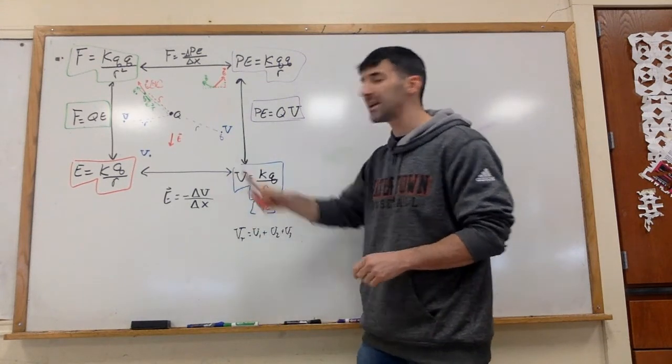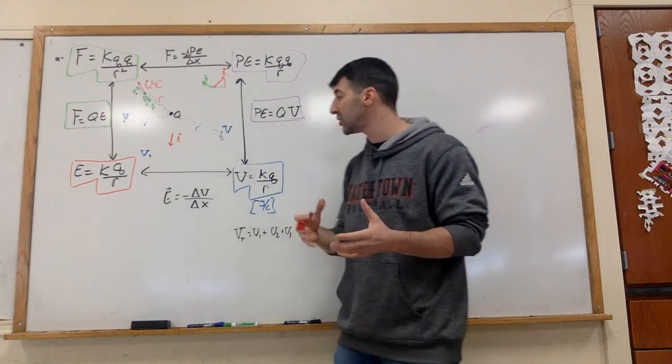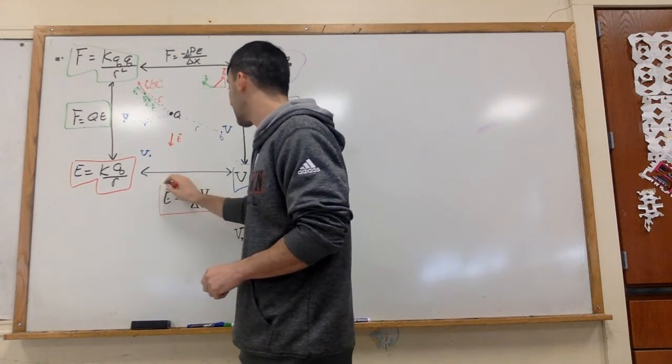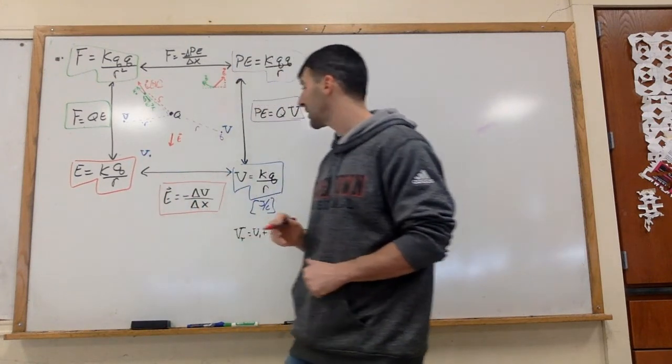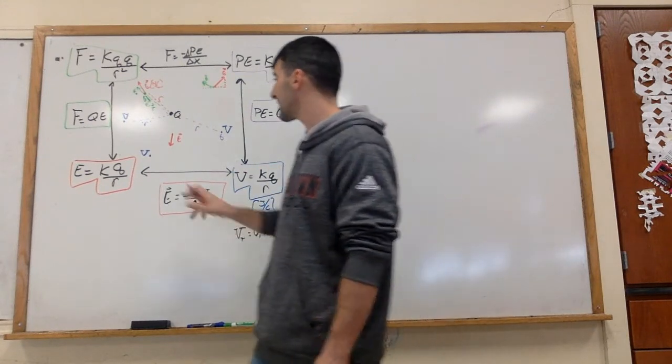Now, lastly, I know that my electric field is also related to my electric potential. And my electric field is related to my electric potential by the simple equation E equals negative delta V divided by delta X. So what is that telling us?